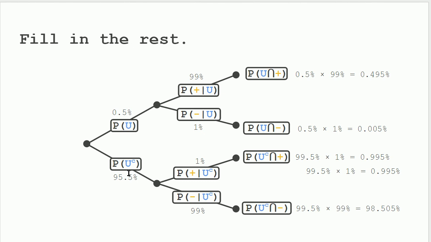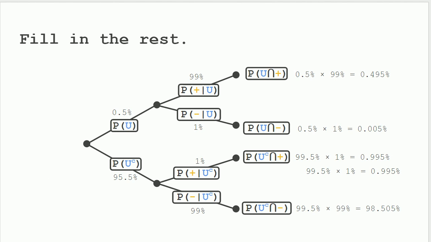So this is just 100 minus that, etc. And then you can just use the basic definition of joint probability, basically just multiplying the two individual numbers, for example, to get the joint probabilities, which is right here.